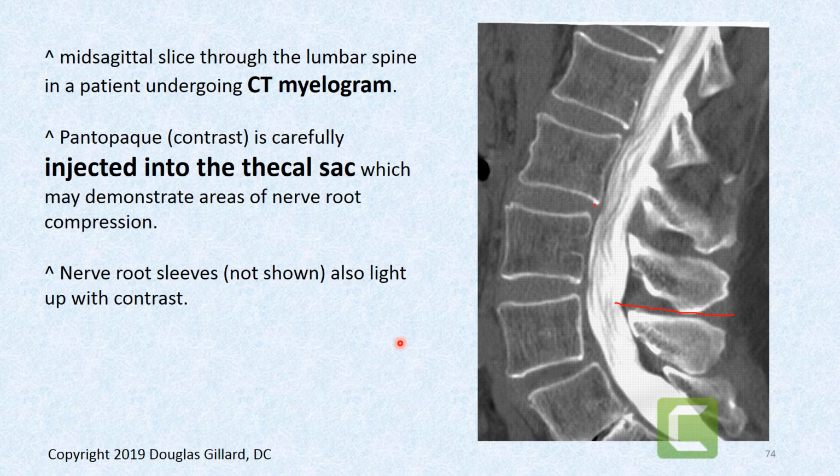Maybe this guy's got a herniated disc right here. Well, it would show as a fill defect here. You'd see a black area in the thecal sac. Those are called fill defects.